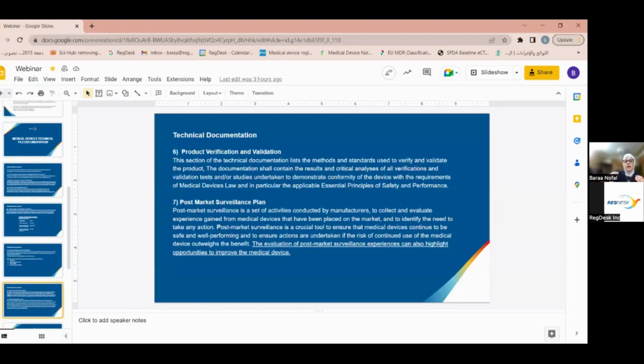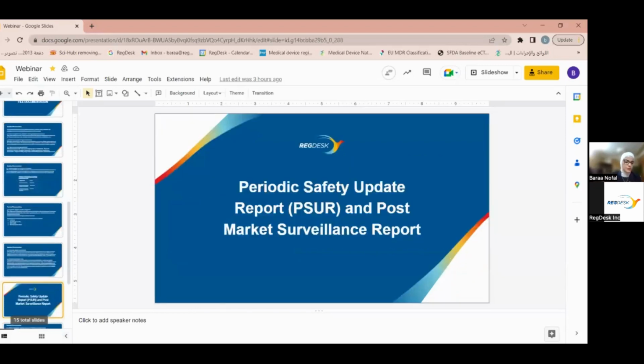So if we have a post-market surveillance plan, it will lead us to improve our medical devices, and it is very important to the authorities, because they need to have a look at your device, and for the upcoming years they need an improvement, and maybe they will have a point to assess your file more correctly to be approved in the next years.